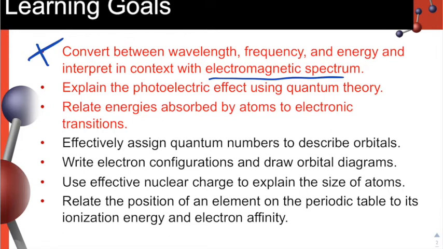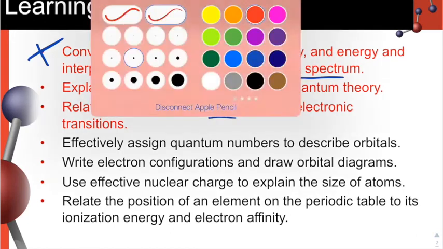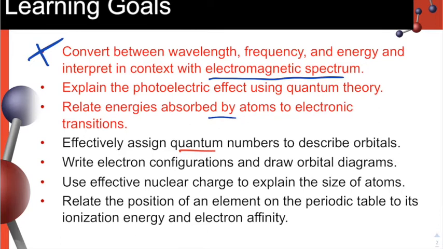I'll talk about the photoelectric effect, and I'll talk about Bohr's model of the atom, which is part of what this is here. And I'll just come up a little bit to write about where quantum numbers come in. I won't really talk about the outcomes of how this is important and why we need it in general chemistry until we get into lecture.